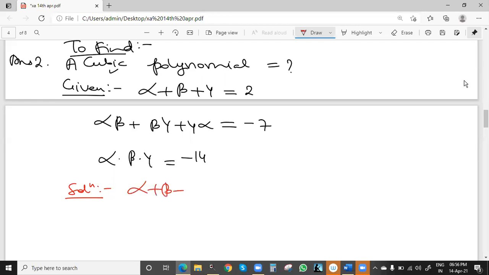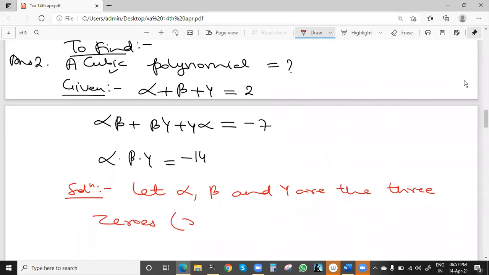First we can write one statement: let alpha, beta and gamma be the three zeros, or roots, of the required polynomial. This time required, because we have to find a cubic polynomial.